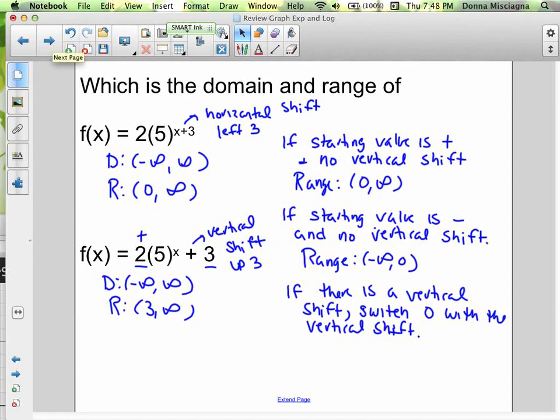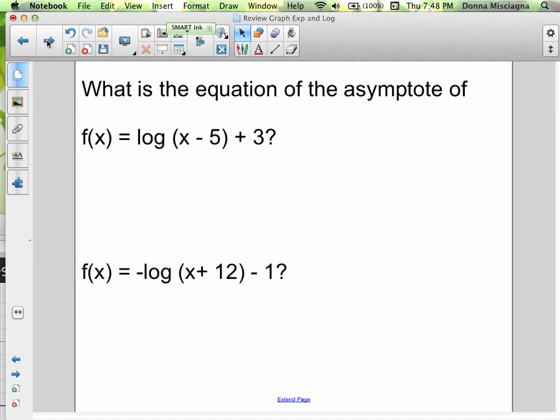Okay? One last problem. What's the equation of the asymptotes? All right, so for the exponential, what we add to the whole function changes our horizontal asymptote. So the vertical shift affects the horizontal asymptote, in other words, for the exponential functions.